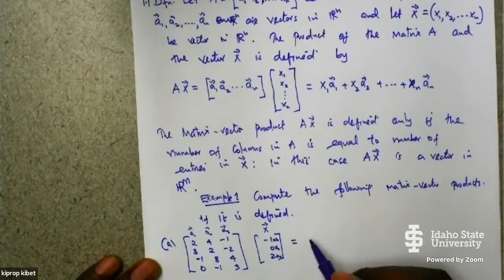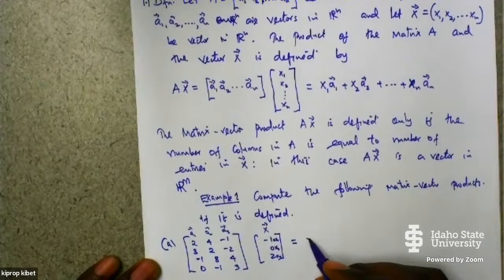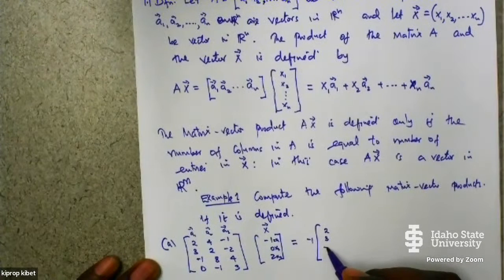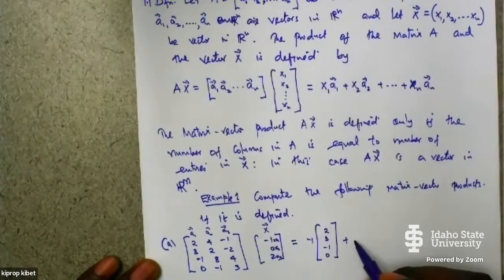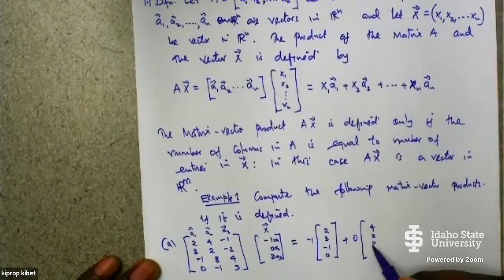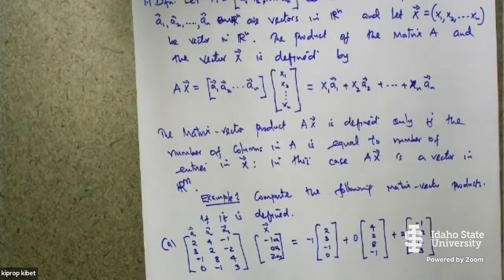Therefore, this equals -1 multiplied by the first column 2, 3, -1, plus 0 multiplied by 4, 2, 8, plus 2 multiplied by -1, -2, 4.